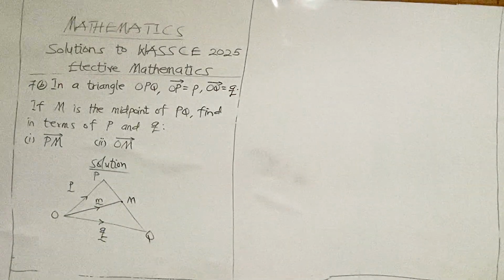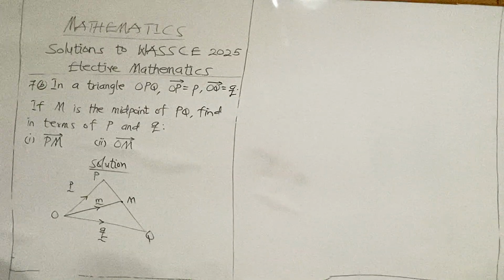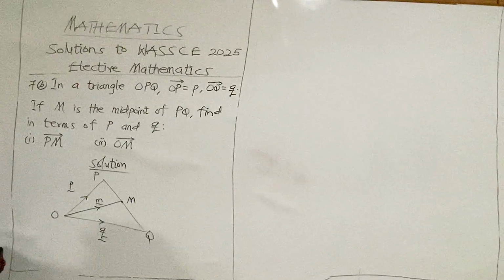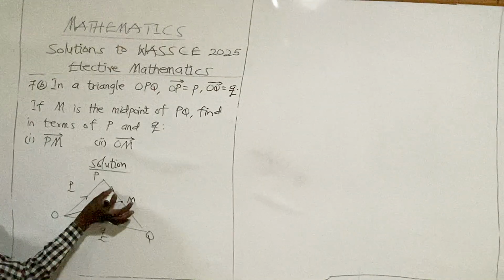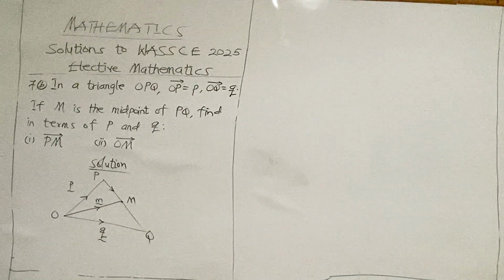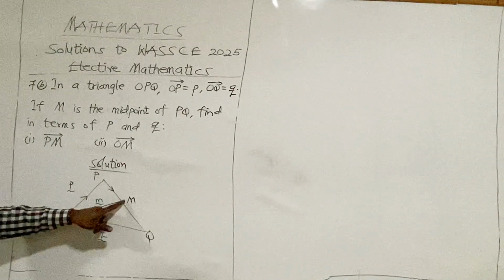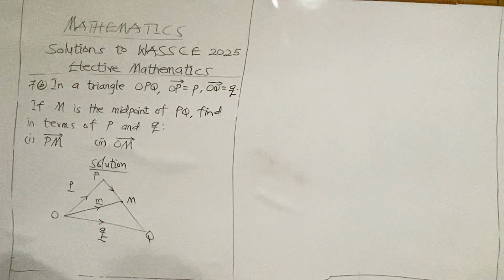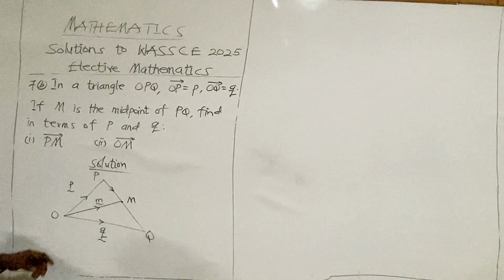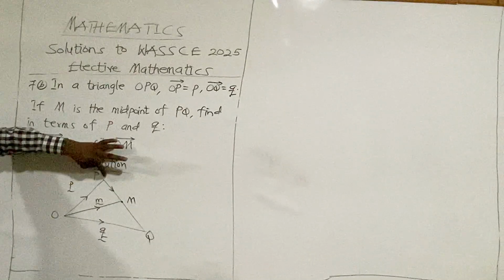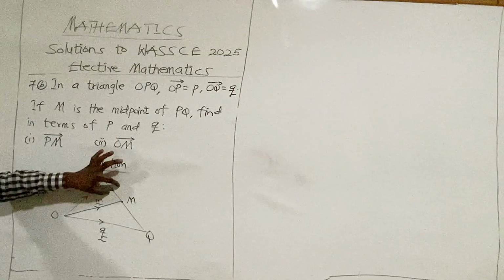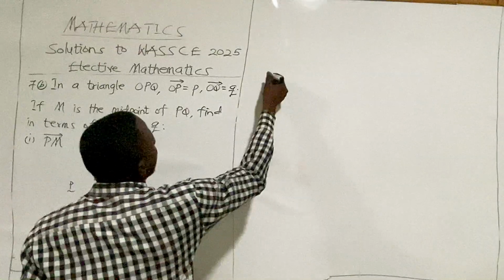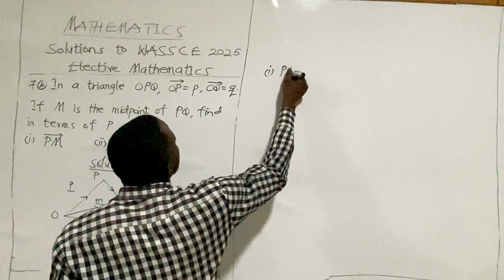Now the question said we should find PM. PM from here is the same as half of PQ.